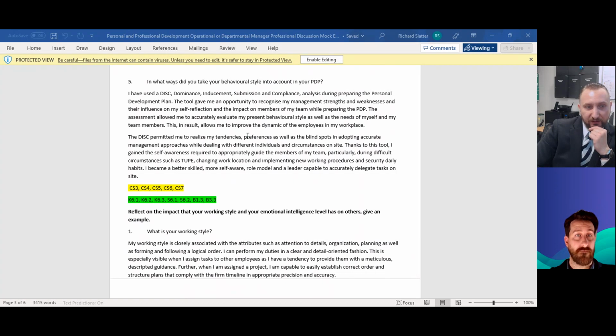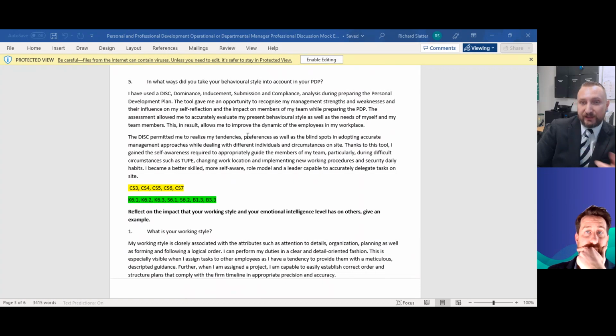Thanks to this tool, I gained the self-awareness required to appropriately guide the members of my team, particularly during difficult circumstances, such as changing the work location or being subcontracted to another company, and implementing new working procedures and security daily habits. So pretty much implementing something new. I became a better skilled, more self-aware role model and a leader capable of accurately delegating tasks on site.